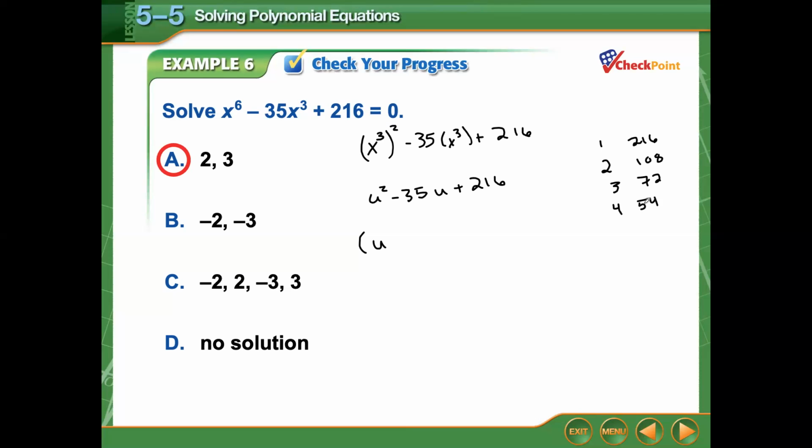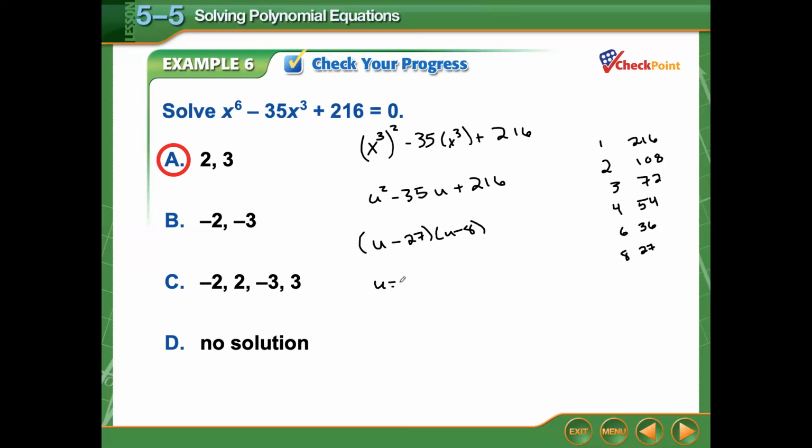I know 5 doesn't work. 6 and 36, so that's not going to work. 8 and 27, that one will work. So it's going to be u minus 27, u minus 8.